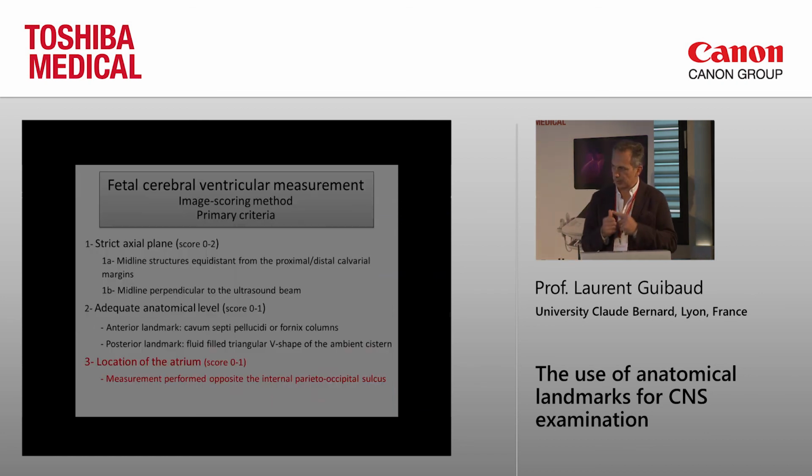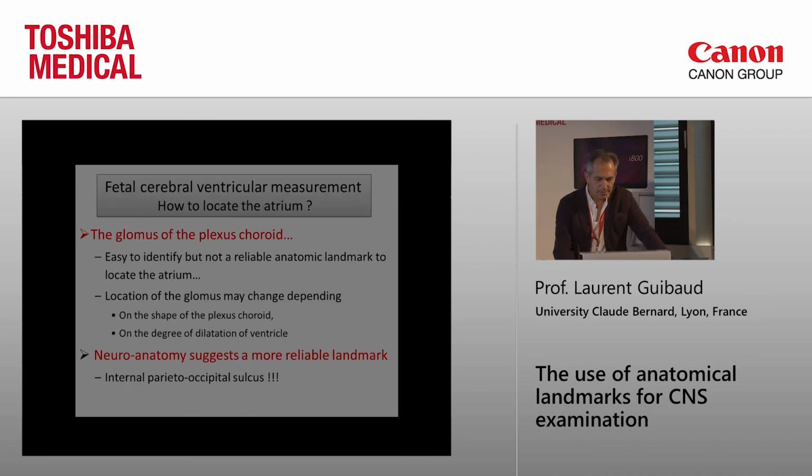If you are strictly at the good level, you have to locate the atrium. How to locate the atrium? If you think about the plexus, it's very difficult, in fact, and anatomy suggests that the atrium is facing the internal parieto-occipital sulcus.